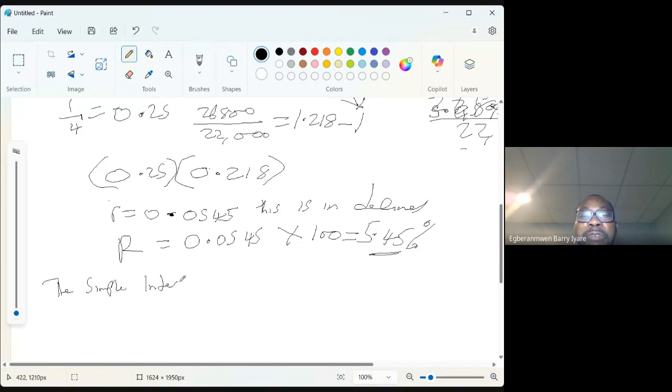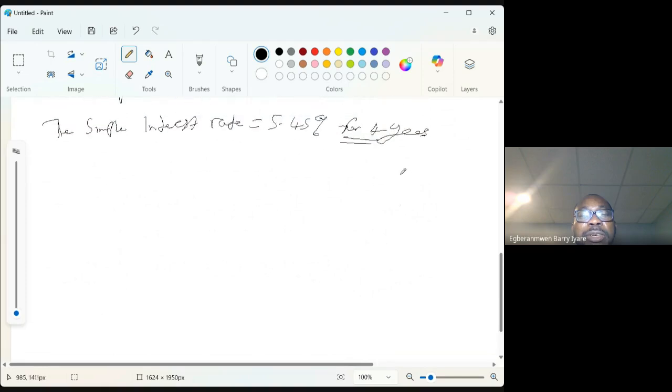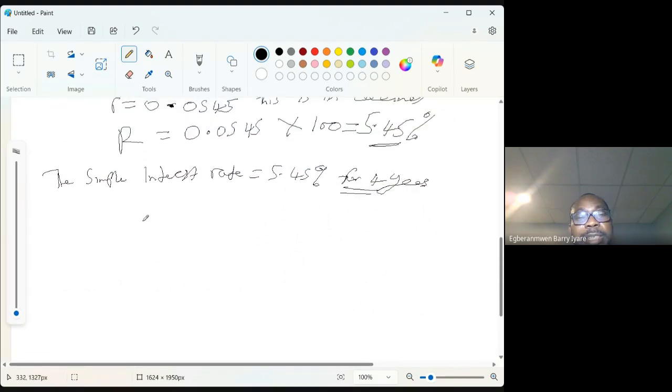So if you invest 22,000 naira for 4 years at an interest rate of 5.45%, at the end of 4 years, your money would have grown to 26,800. Simple interest.